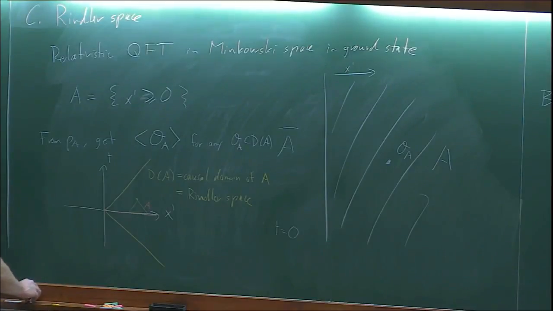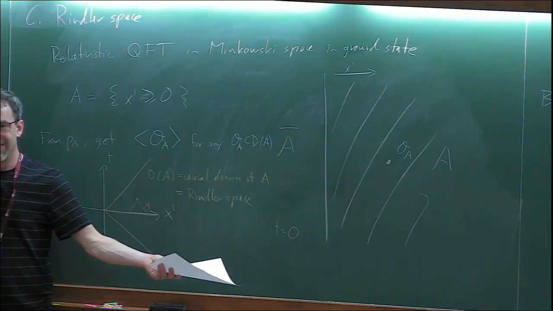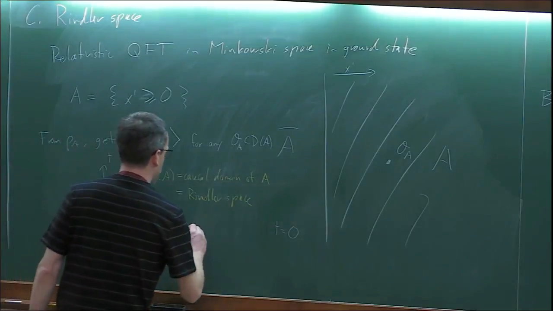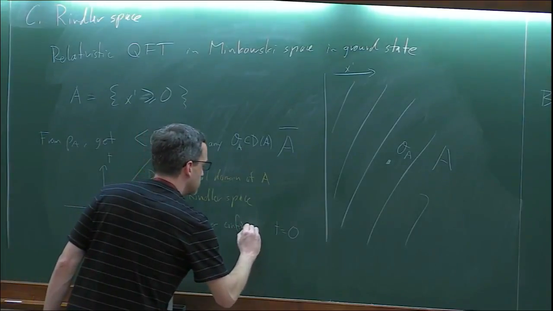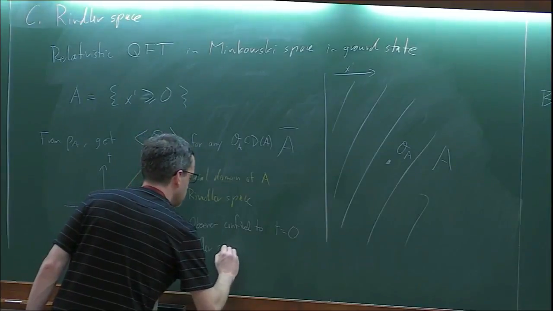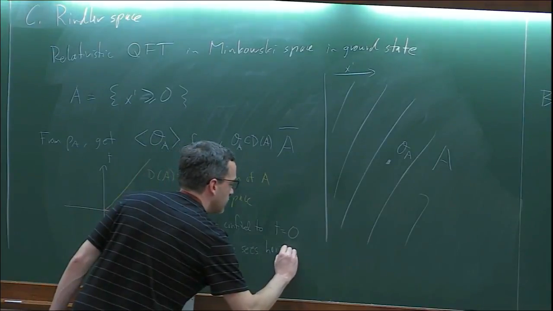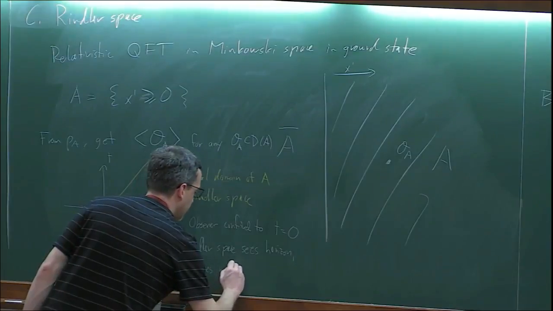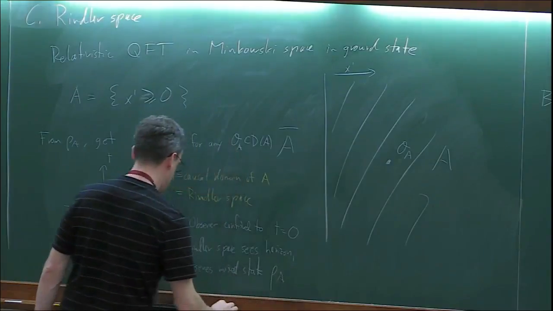So observers in Rindler space have a horizon, and because there's part of the space they can't see, they live in a mixed state. One observes a mixed state, namely rho sub A. Now, what can we say about rho sub A?